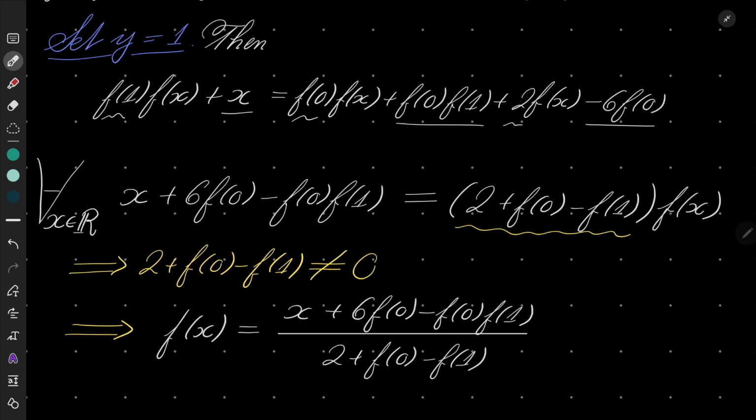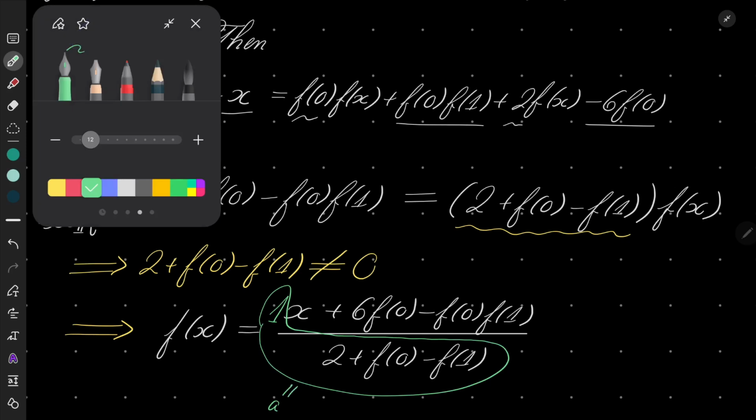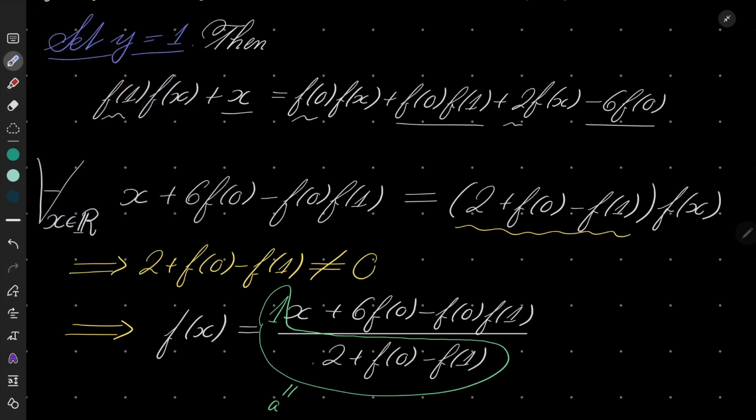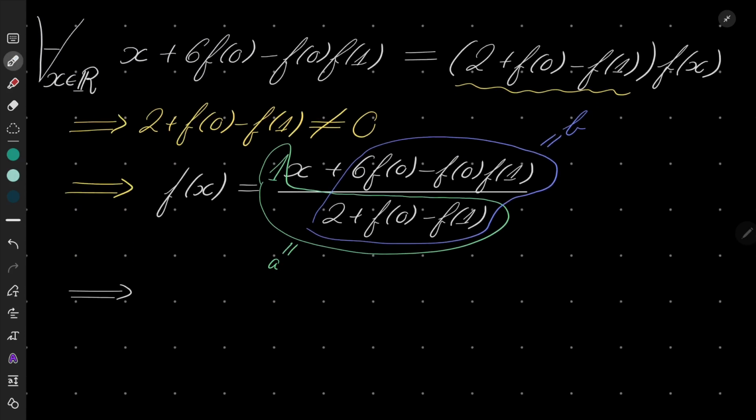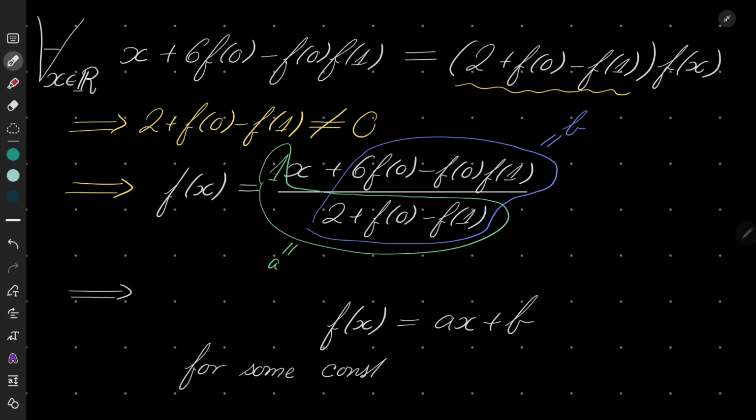And if you look closely, here we have 1 over some constant, so that is another constant, let's say a. And here we have a constant over another constant, it's something like b. So our function, in other words, is affine. f(x) equals ax plus b for some constants a and b.